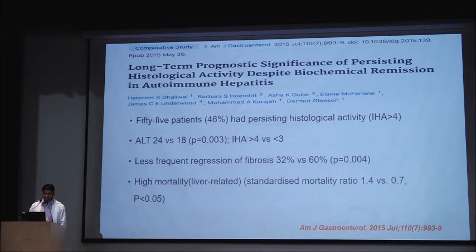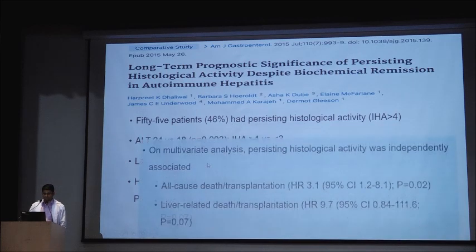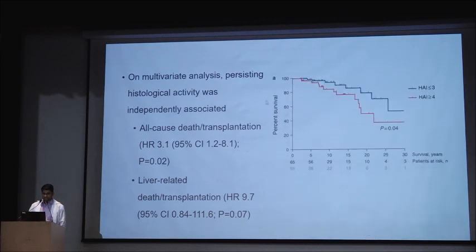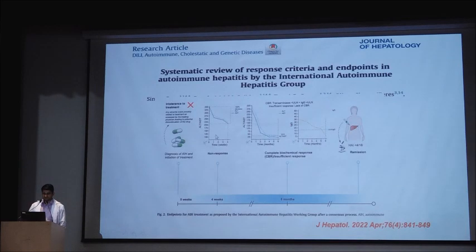This population had less frequent regression of fibrosis, 32% as compared to 60% in those who had no histological activity. Also, persistent histological activity was associated with higher mortality in this cohort as compared to no histological activity.